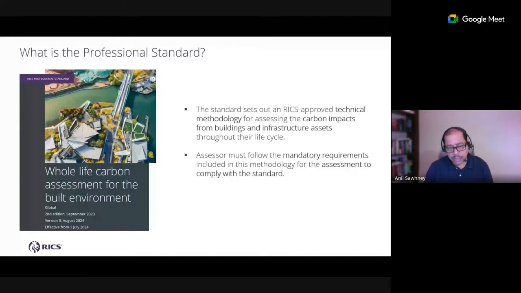All RICS members are regulated and they must use the mandatory requirements of this assessment methodology within the standard. So if you are an RICS member and you're doing a WLCA or an assessment for your building, you are by regulation required to comply with the mandatory requirements of our standard.